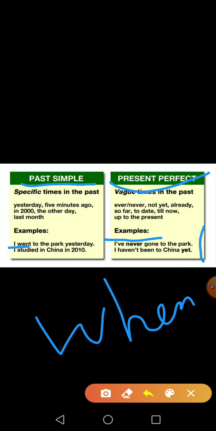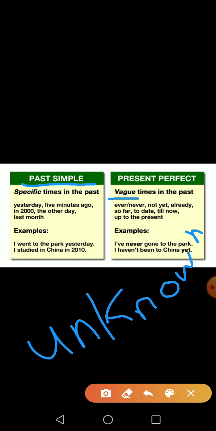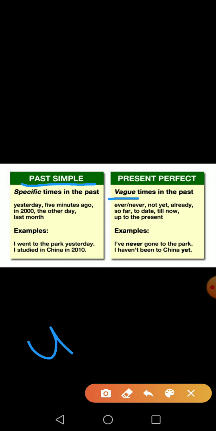Or in other words, if the time is vague, or if the time is unknown, that means I should use the present perfect. Okay, but one important thing that I missed here is, where's the verb? Can I say never? No, of course not. The verb is have plus the verb 3. And here, haven't plus the verb 3.